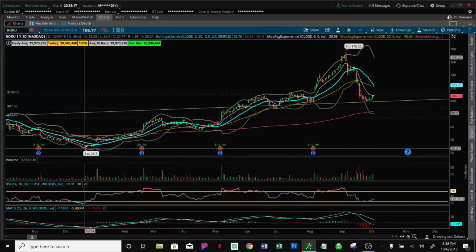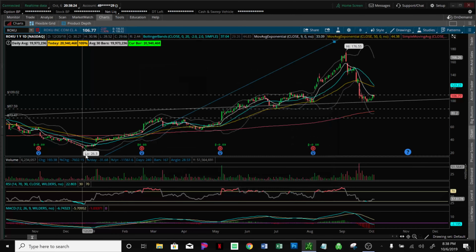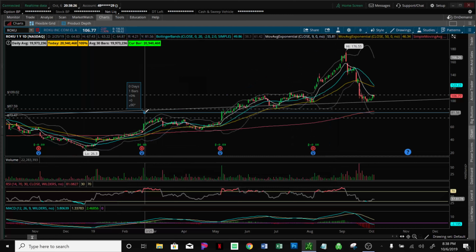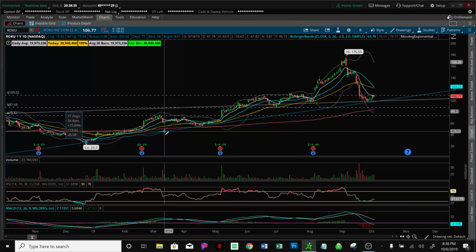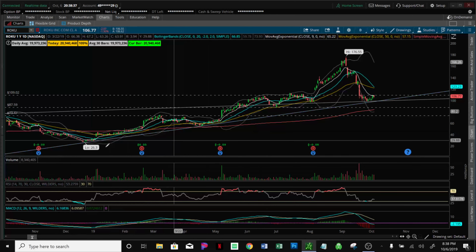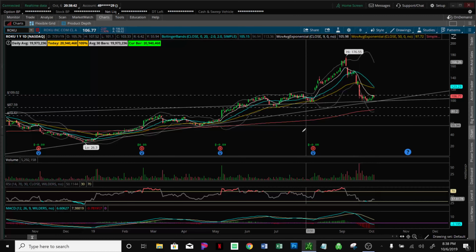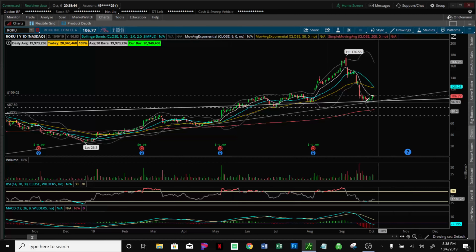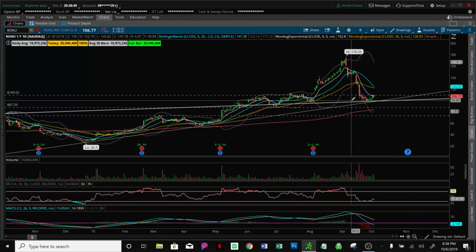I'll start to pull some trend lines. As you can see, the trend's kind of holding. It's curling up off this trend here on the daily. So it looks like it's getting some good support at the weekly level and also the daily level here.